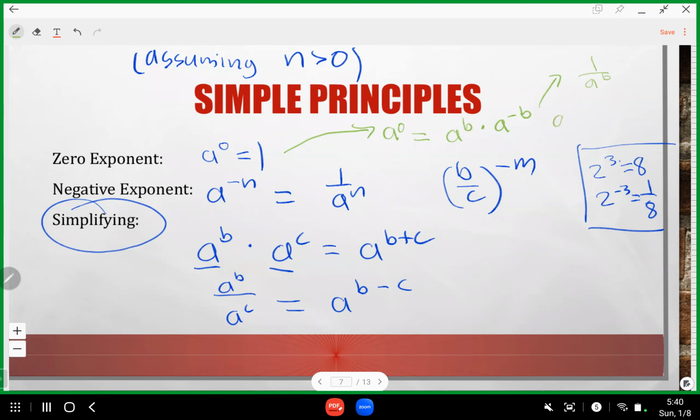So then a to the b times 1 over a to the b is just going to be equal to 1. That's what a to the 0th is. Okay, so that's how you see why a to the 0 is actually equal to 1. It's a very nice proof. Well, not really proof, it's just a way you can kind of see it.